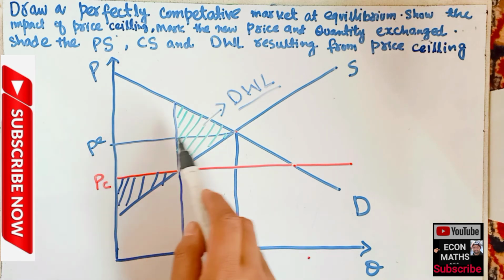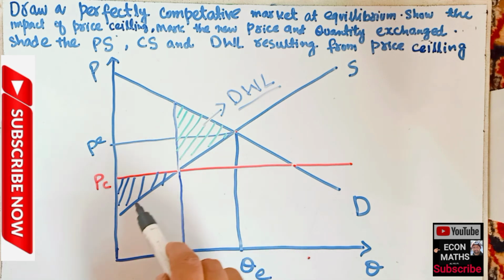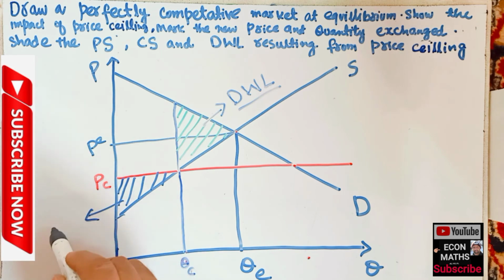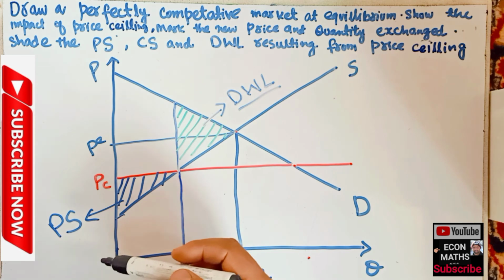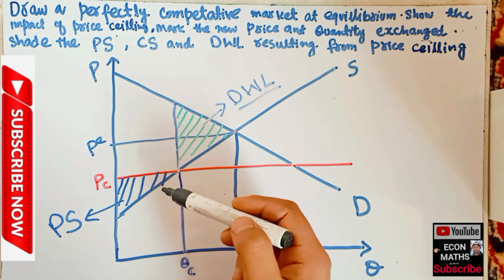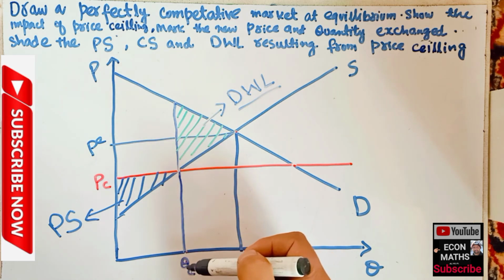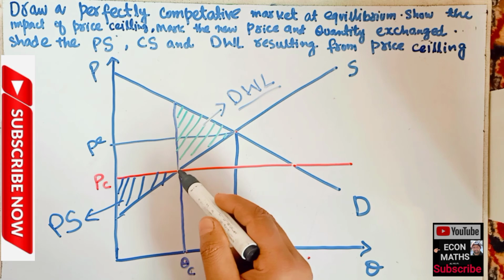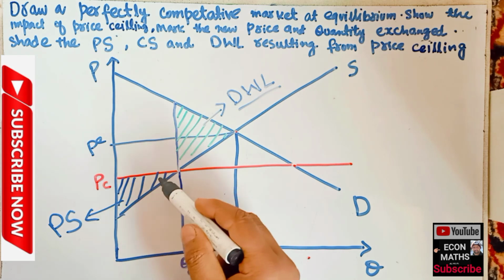Before the price ceiling, it was this larger triangle, but after the price ceiling, the producer surplus has become small. The area from the price down to the supply curve shows us the producer surplus.